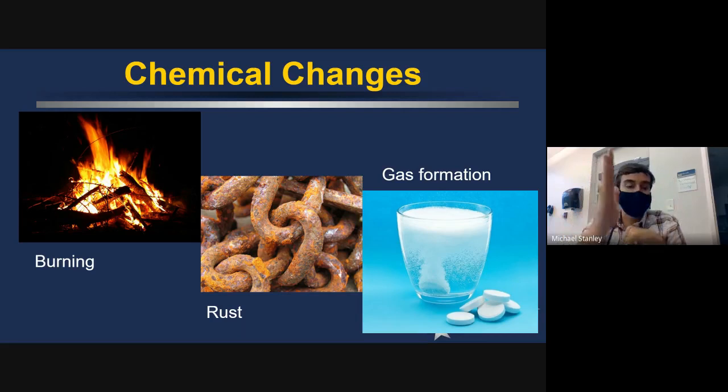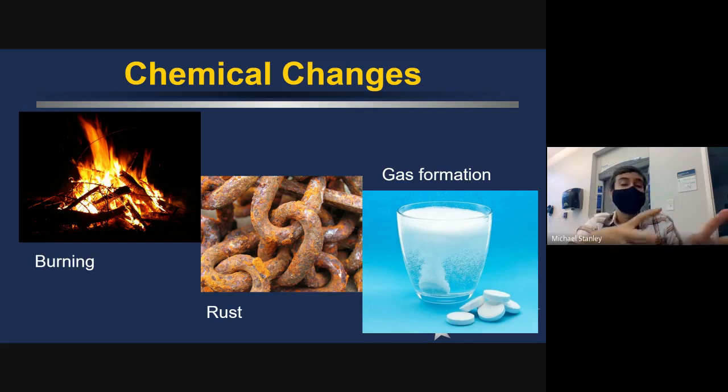So with physical changes, you start and end with the same thing. It just looks different. Maybe you tore it up into pieces or dissolved it in something, but it's the same chemical. With chemical changes, you start and end with different matter, different chemicals, different substances.